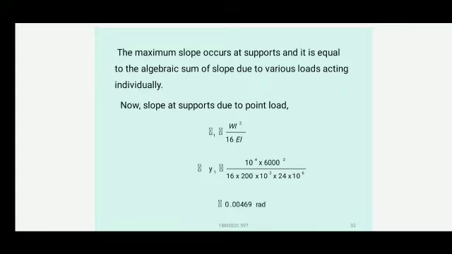That is 10 power 4 into 6000 square by 16 into 200 into 10 cube into 24 into 10 power 6, that is equal to 0.00469 radians.